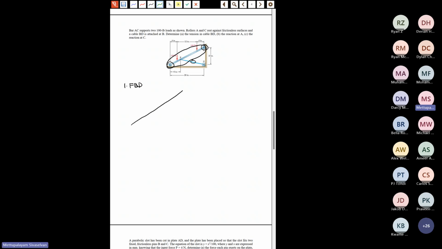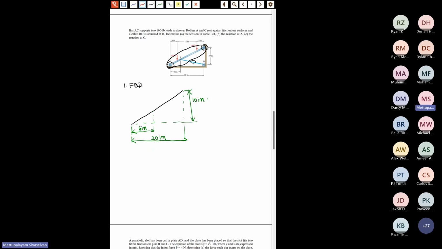Let's mark some dimensions here. This distance is 6 inches. This distance is 20 inches. This distance is 10 inches. Okay.